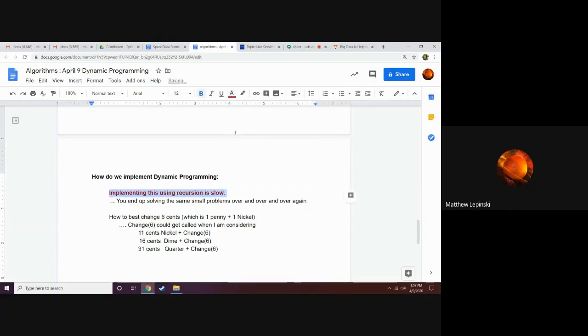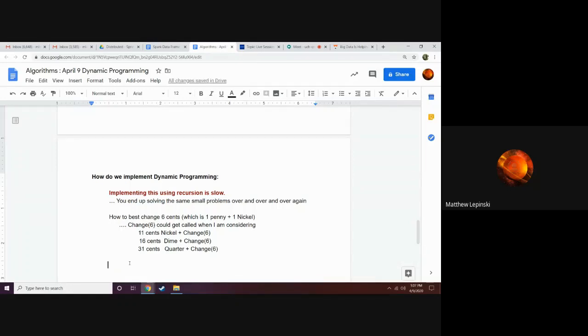Fortunately, we can do better than the recursive solution. The way that we do better is to start at the bottom and work up.